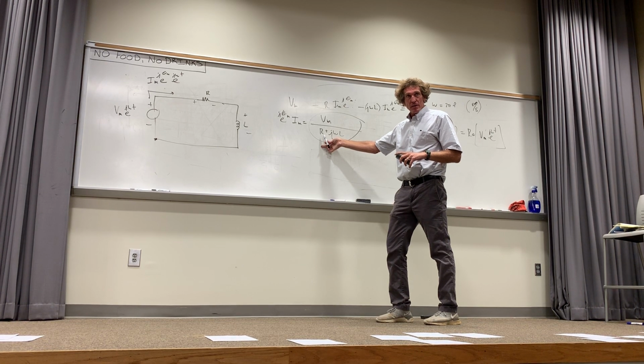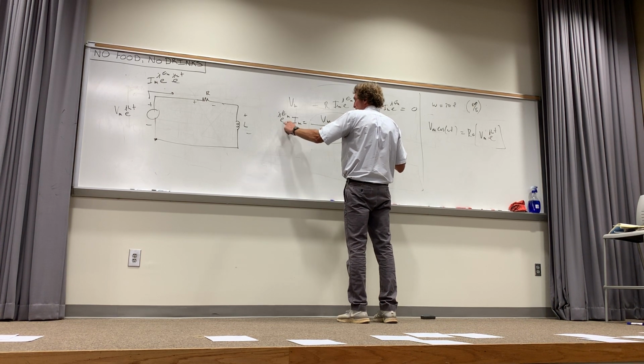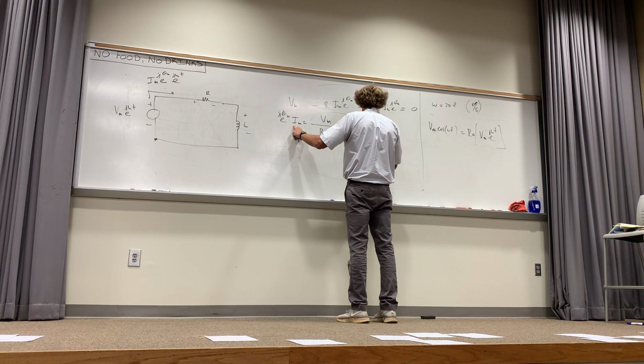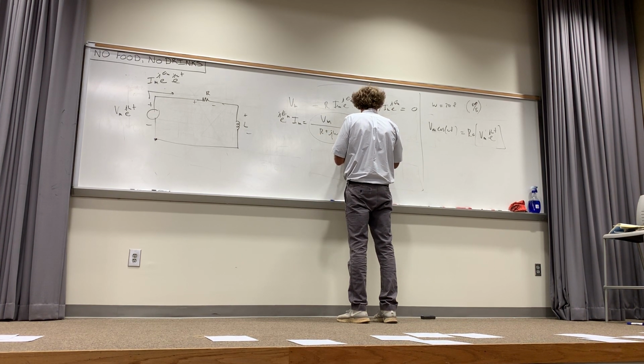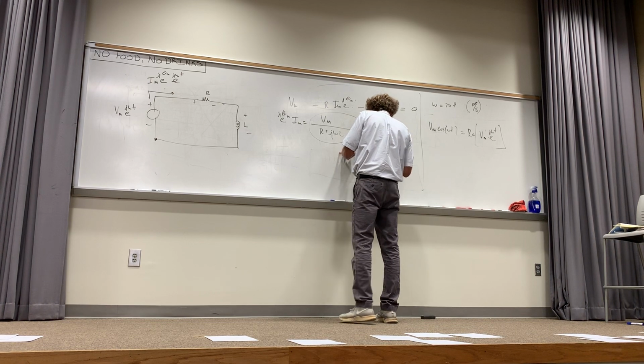Please watch this. That means this combined value would be equal to some magnitude, I of m, and there's a phase angle, e to the j theta of m, right there.